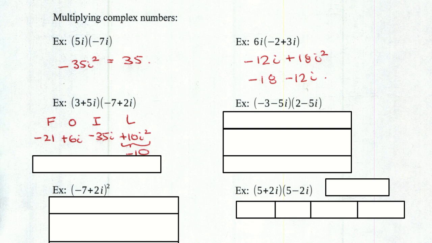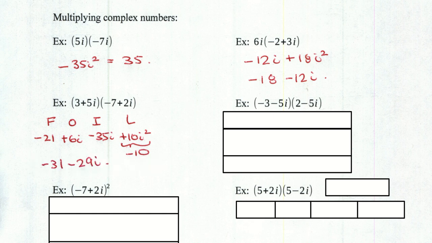But one of the things that we should definitely deal with right now is the fact that that positive 10i squared is actually a negative. Remember that i squared is negative 1. So that, the negative 10, is a like term with the first term, the negative 21. So we're going to combine those. If you owe someone $21 and you owe someone else $10, you owe a total of $31.